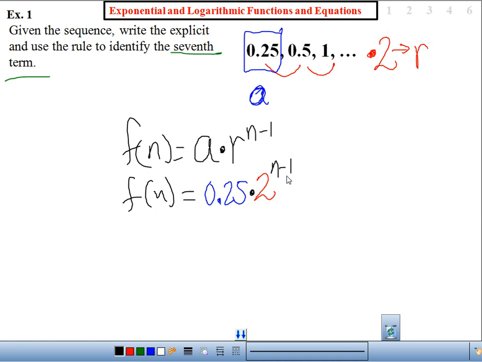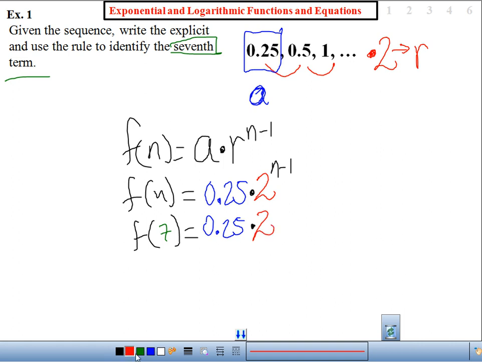Is this a good refresher? Yeah, right? Okay. But now they want us to find the what? The 7th term. So here instead of n, what are we going to write? 7. So it's f of 7 equals 0.25 times 2.